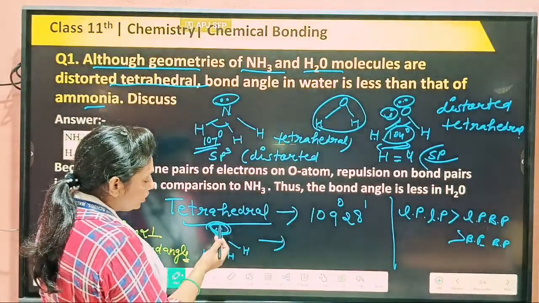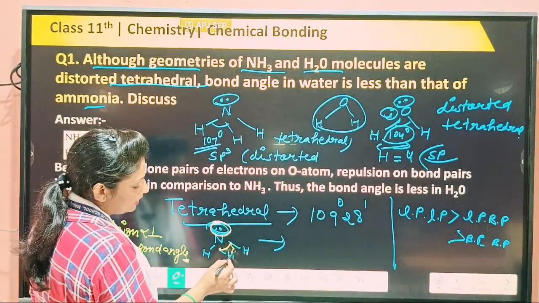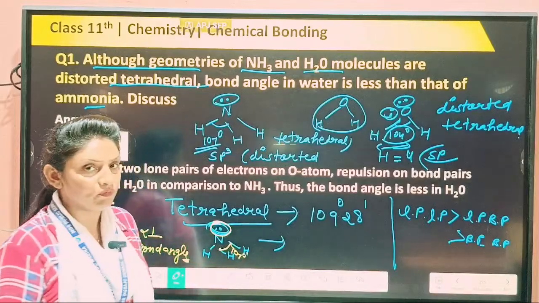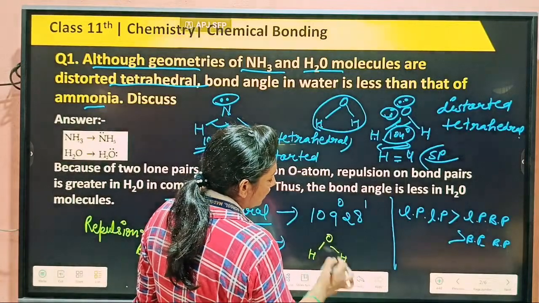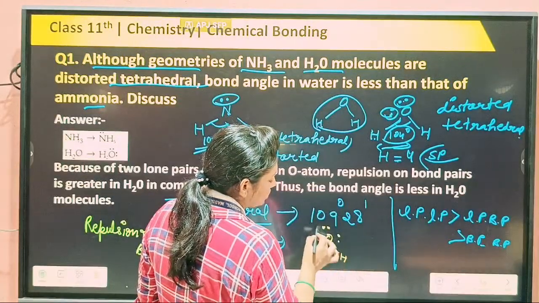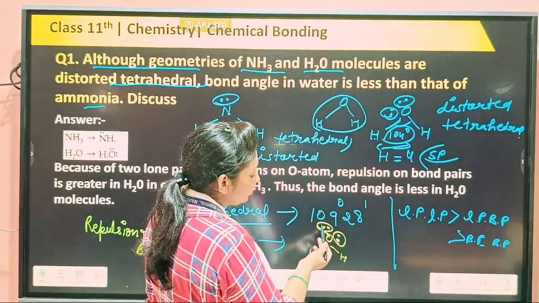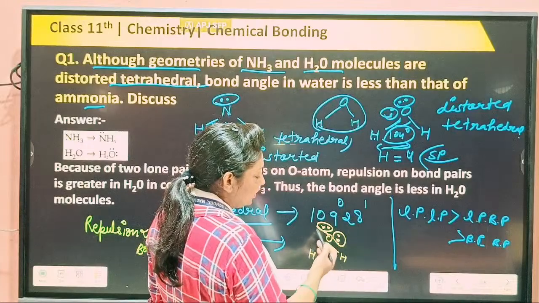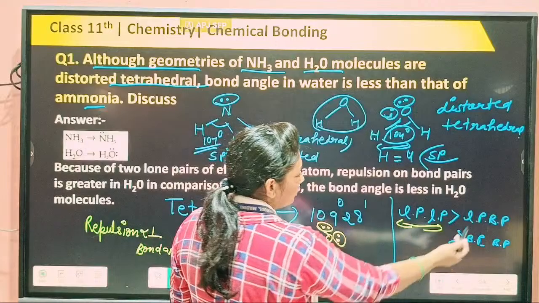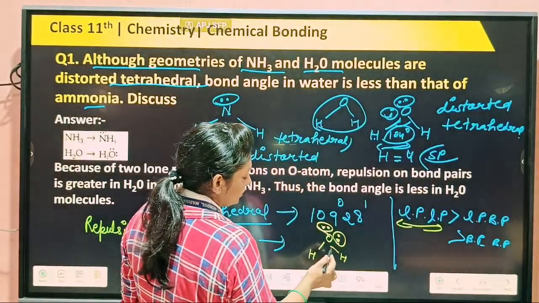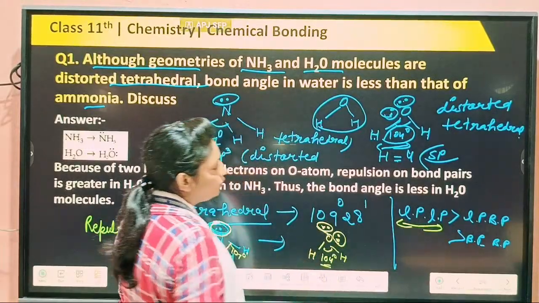So here, due to lone pair-bond pair repulsion, this angle decreases and it is 107 degrees. But in case of water, here two lone pairs exist. These two lone pairs will repel each other. So here, due to lone pair repulsion, the repulsion extent is greater as compared to lone pair-bond pair repulsion. So the angle decreases further and this angle is 104 degrees.